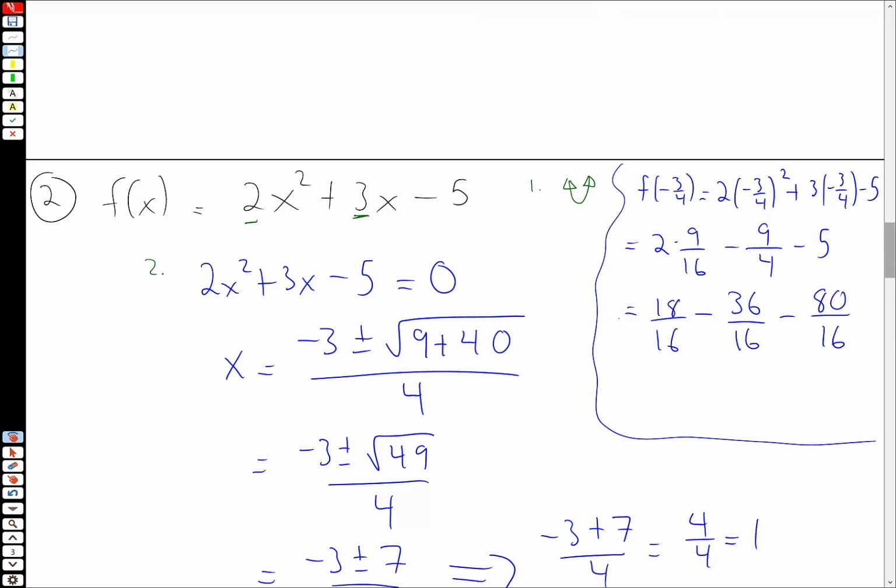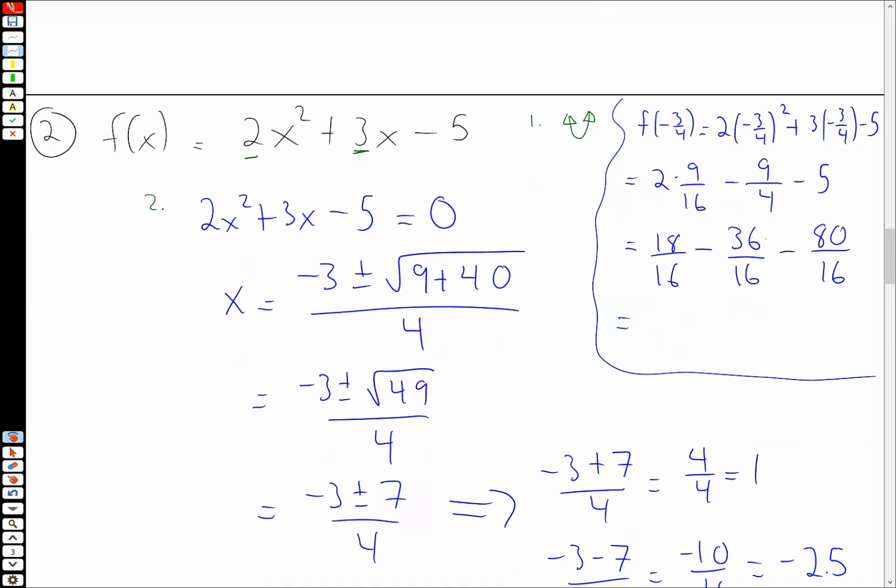So what do we get in the end? 18 minus 36, which is minus 18, minus 80. So we get minus 98/16. Let me bust out a calculator really quick. -98/16 is about minus 6.125.